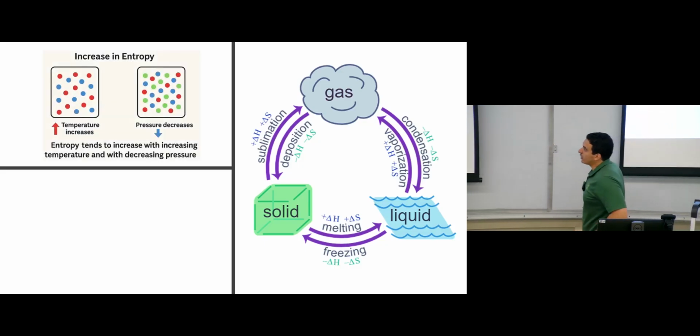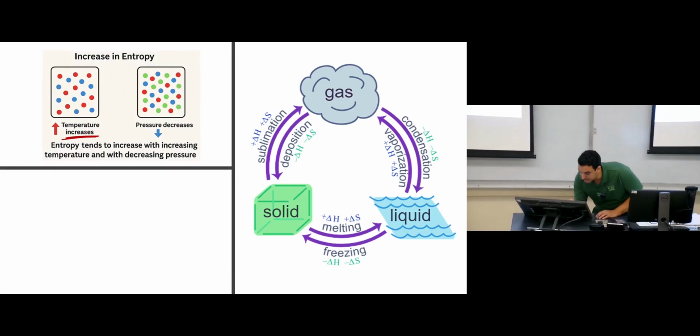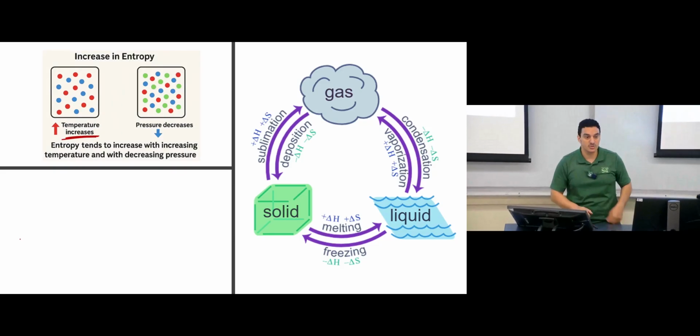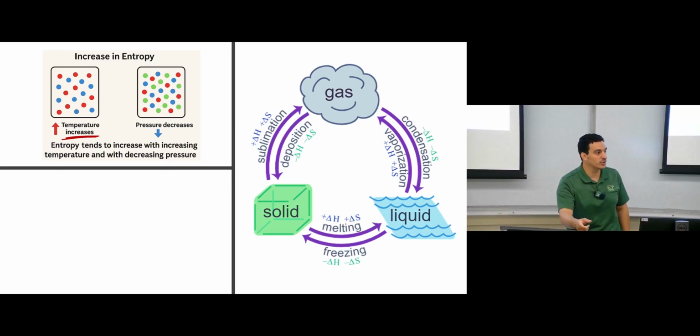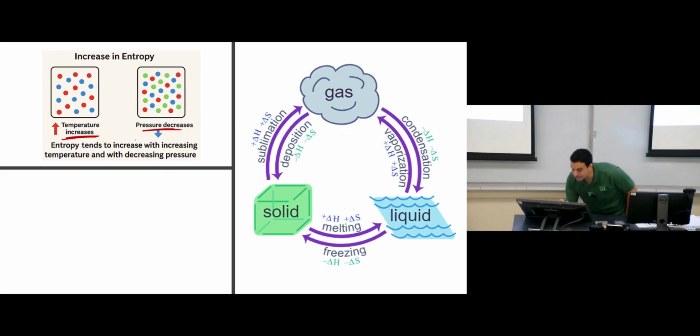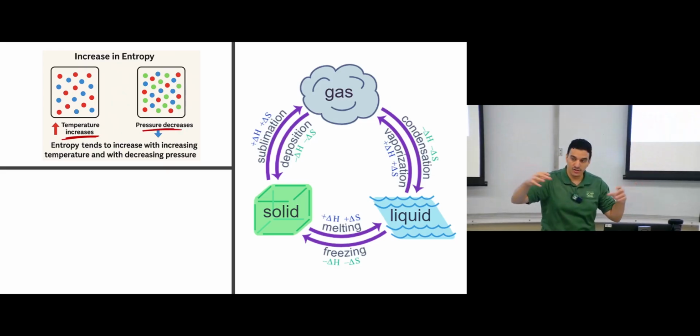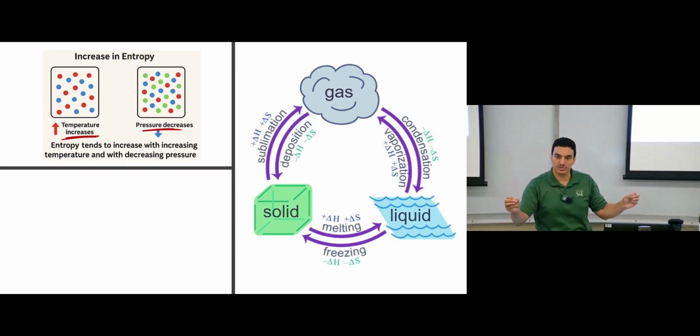Another thing: if you increase the temperature of a system, you are increasing the kinetic energy of the molecules, so you are increasing what? Entropy. On the other side, decreasing the pressure means you have expansion, so you are increasing the distances between the molecules, reducing the forces between them, increasing the random motion, so entropy increases.